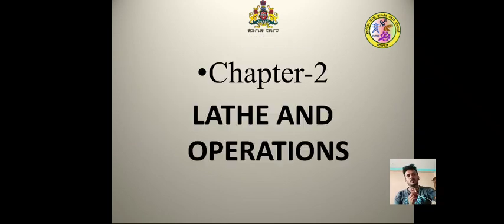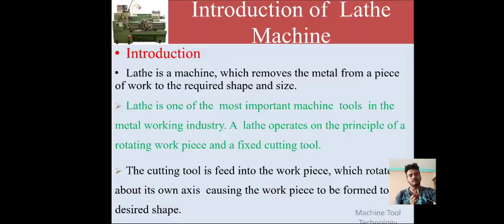Chapter 2, that is the lathe and operation. Session 1. Introduction of the lathe machines. See, actually the lathe is the mother of the cutting tools and the machine tools, in which it removes the metal from a piece of work to the required shape and size.